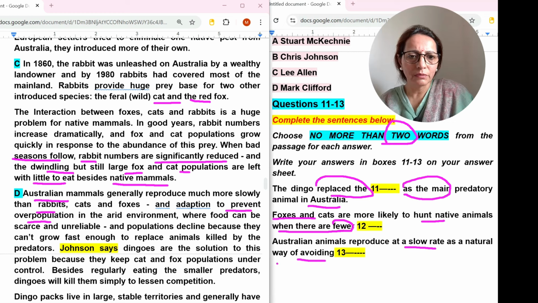See this, way of avoiding, slow rate. Slow rate as a natural way of avoiding overpopulation. So overpopulation will come here in the blank.